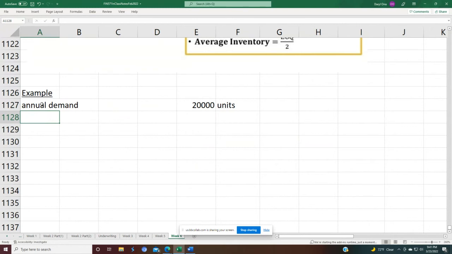The ordering cost per order, every time you place an order, let's say that that's going to be equal to $200 per order.